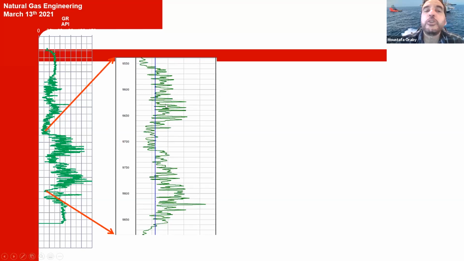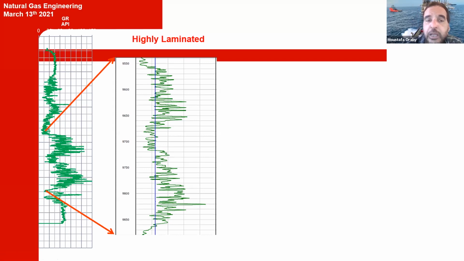What does it mean? It means it's huge lamina, clear lamina. If you don't see these characteristics in an unconventional reservoir, walk away from it. It has to have this lamina. So one of the properties of an unconventional reservoir is that it's a highly thin-laminated reservoir. So the lamination has to be high.